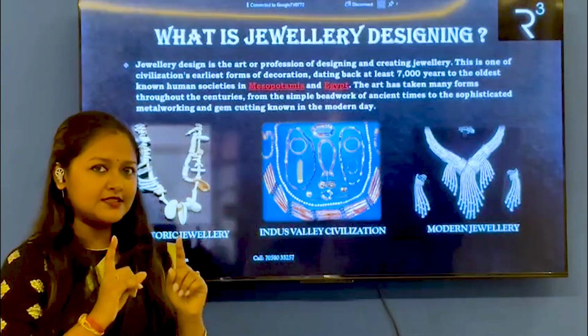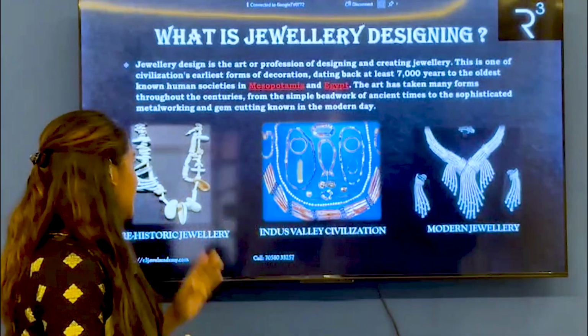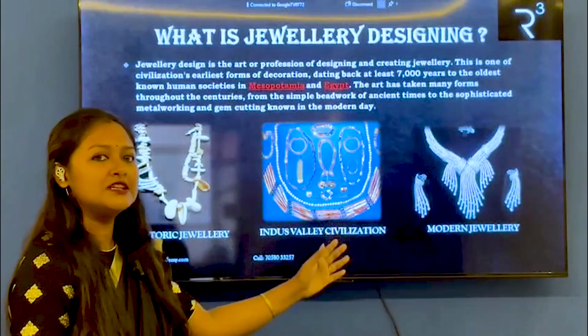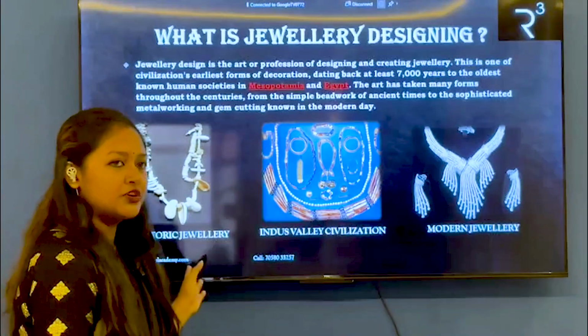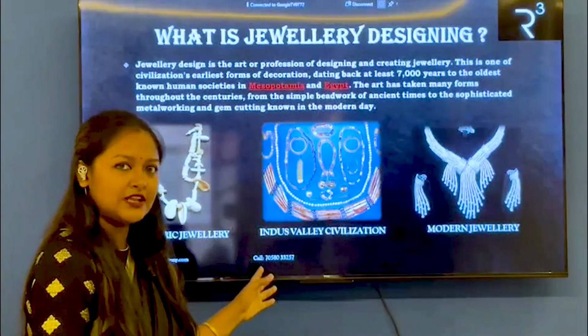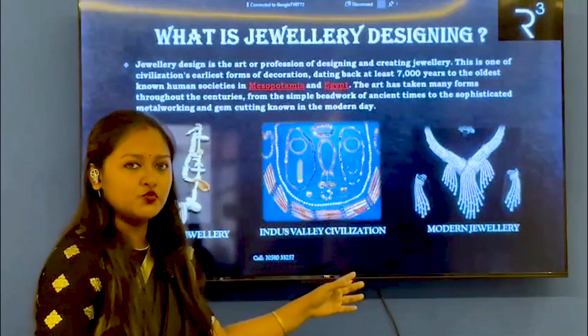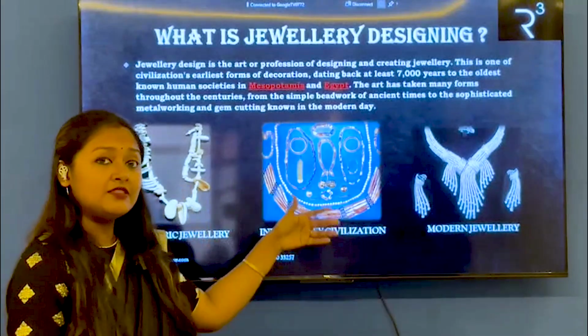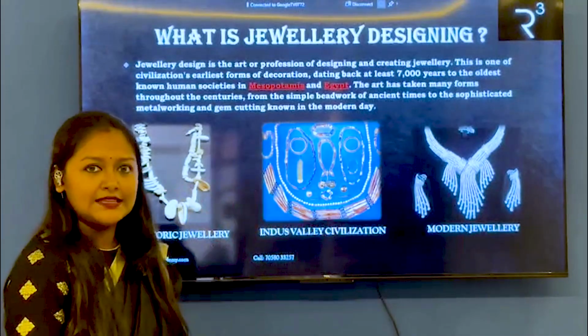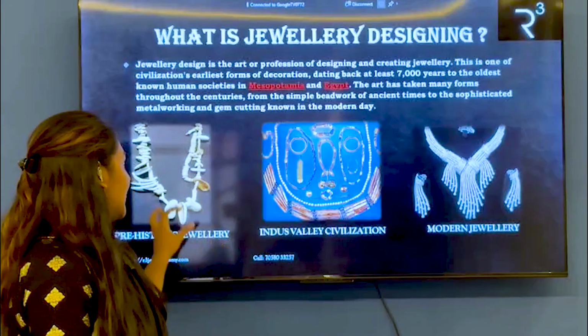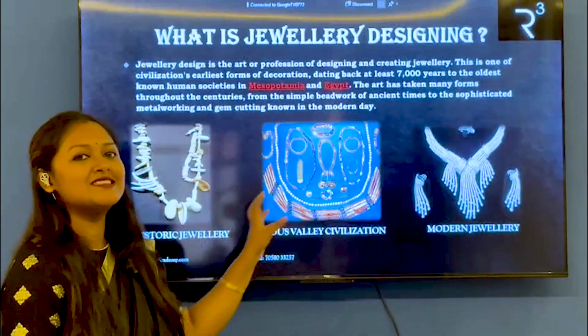If we consider only the necklace pattern, here are three different designs: first the prehistoric jewelry, second the Indus Valley civilization jewelry, and third the modern jewelry. Three different types of designs, but you will find that the pattern of the necklace is similar.